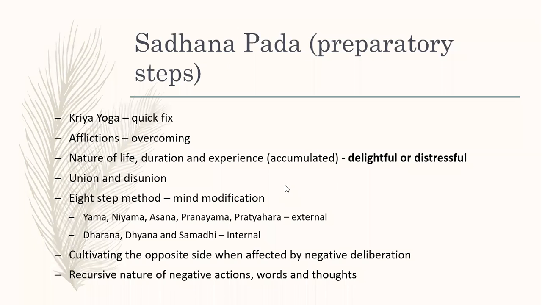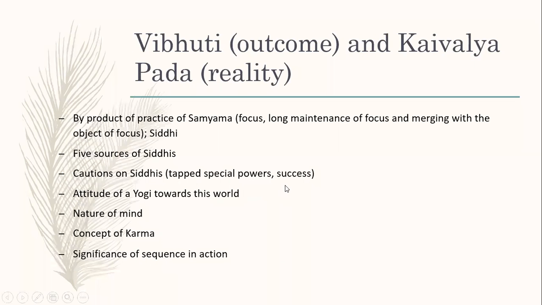And the next is Vibhuti. Okay? Vibhuti is a special power that everybody has. Okay? I have, you have, every creature has. Okay? And that is inherent in every person.